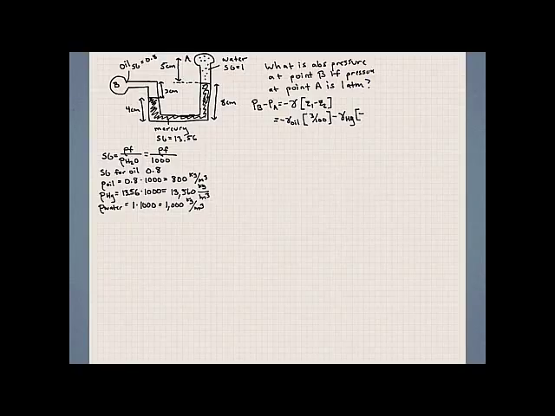Okay, so next thing we need to find is the magnitude of the value that we need to put in this parenthesis bracket. One thing I'd like to point out is that, remember we talked about in our lecture, as we move horizontally, as we go from this location across here to the other side of this manometer, the pressure is the same since we have the same fluid.